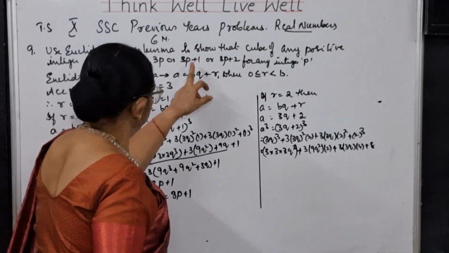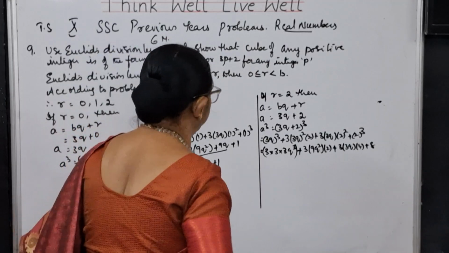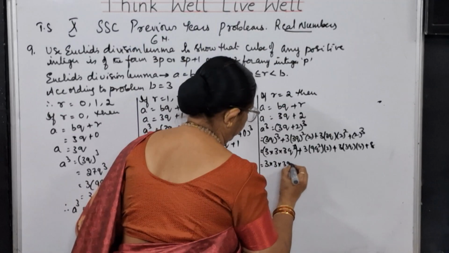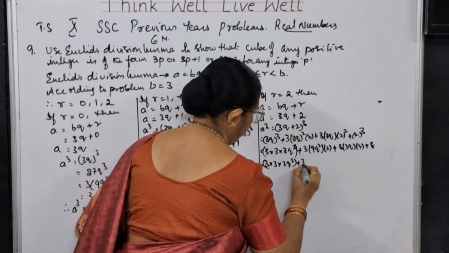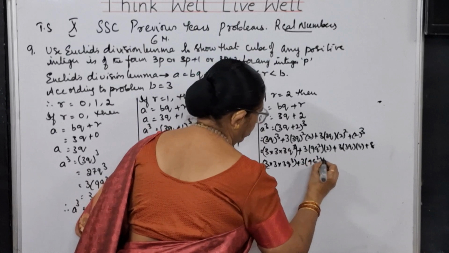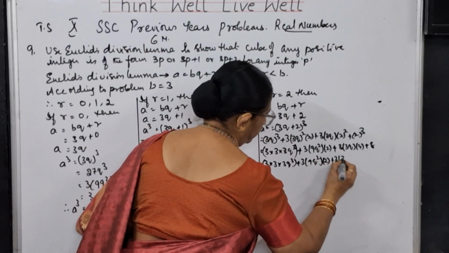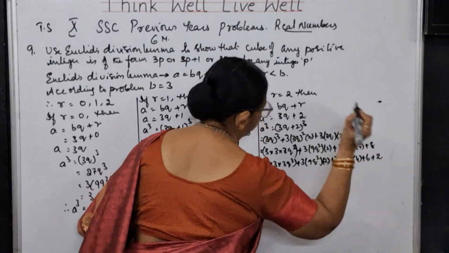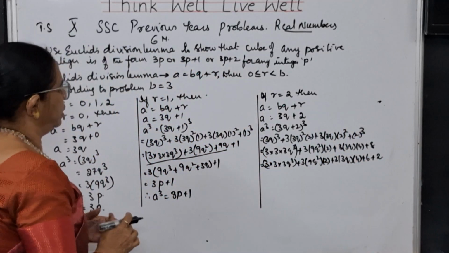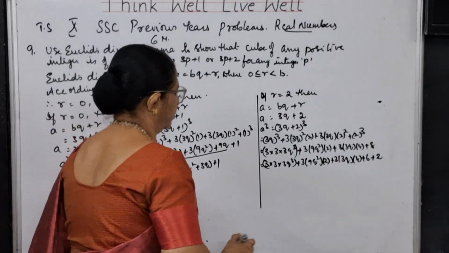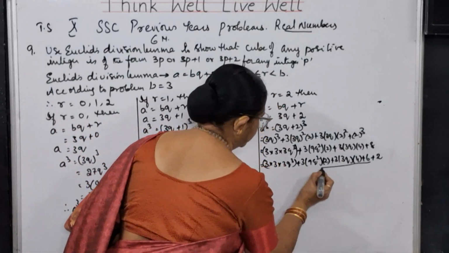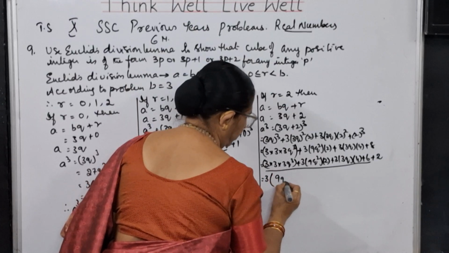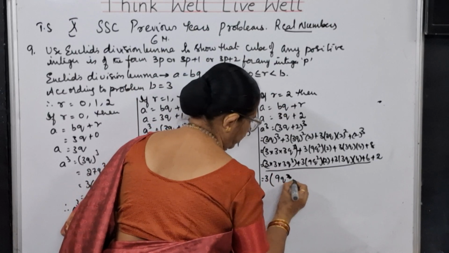Now, you want 3p plus 1 or 3p plus 2. That means 3 into 3q cube plus 3 into 9q square into 2 plus 3 into 3q into 4 plus 6 plus 2. 8 I have divided into 6 plus 2. So in all this, I can take 3 as common. 3 3s are 9, q cube, not square.